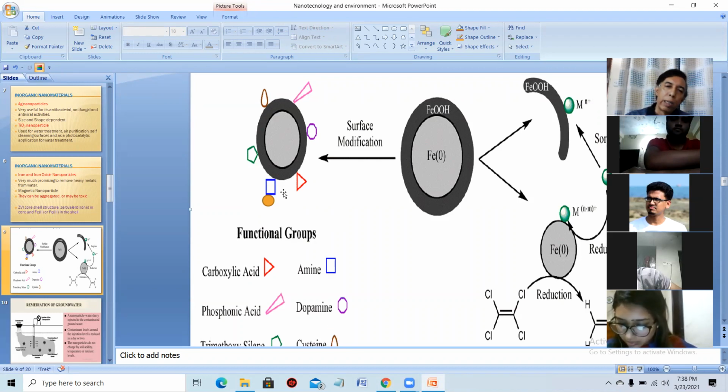So if I use a magnet now, the magnet will attract this iron molecule and automatically it will attract the copper molecule. So we can separate the heavy metal from the contaminated water by using this iron shell core structure.